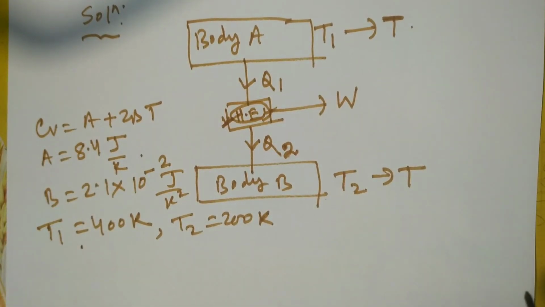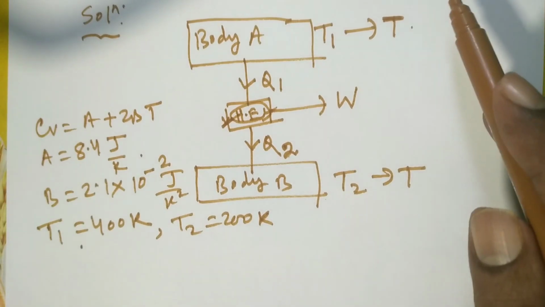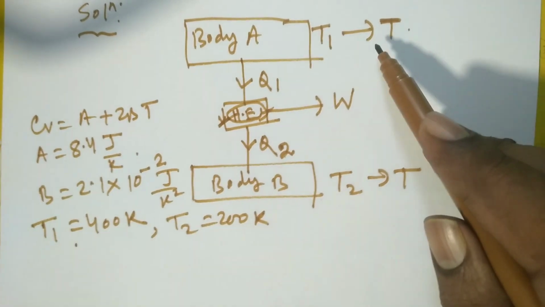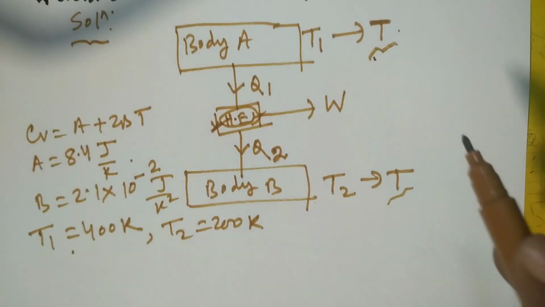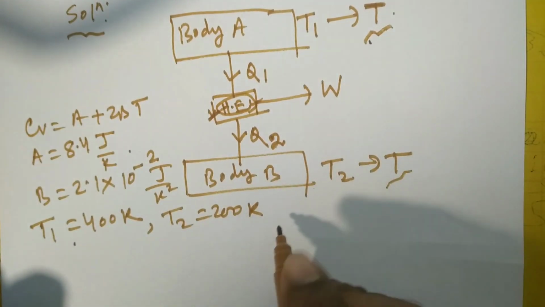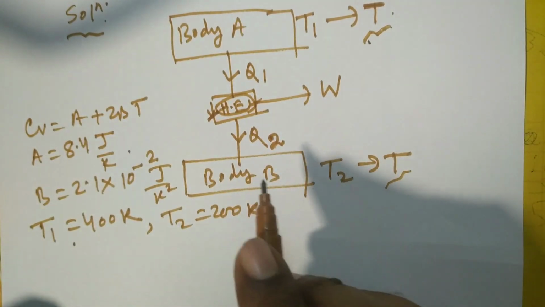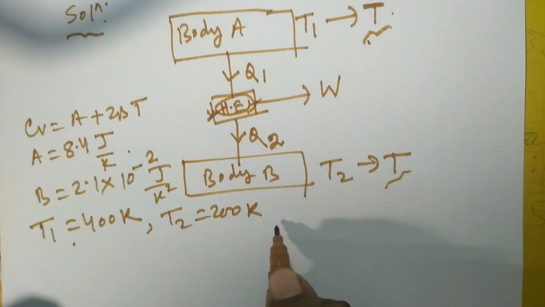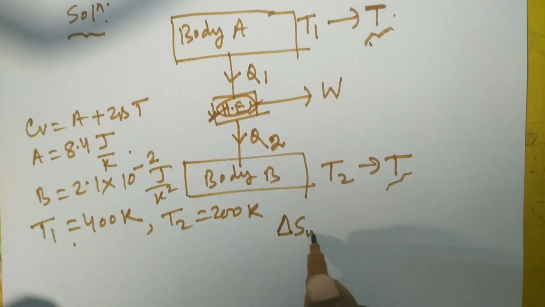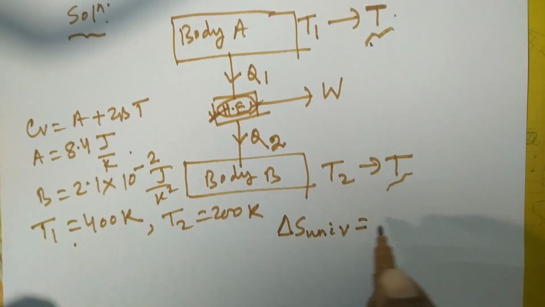So as we are required to find the common temperature T, especially when the maximum amount of work is produced, all the processes are to be reversible, and for that case delta S universe has to be 0.